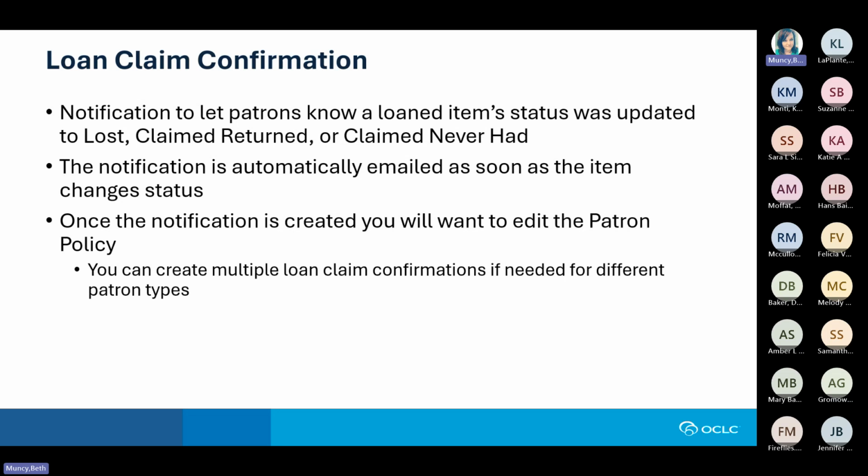As soon as you change the status in the system, this notification will go out, and it goes to the patron policy, not the loan policy. You can create multiple different claim confirmation notices for different patron types. So if you want one for staff versus one for students, you can create those differing versions.